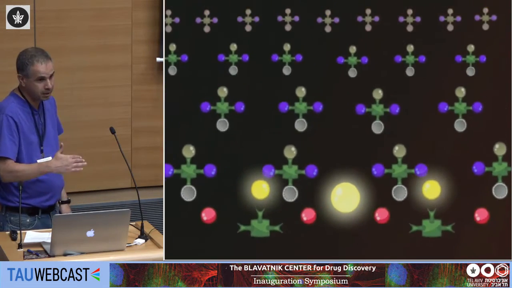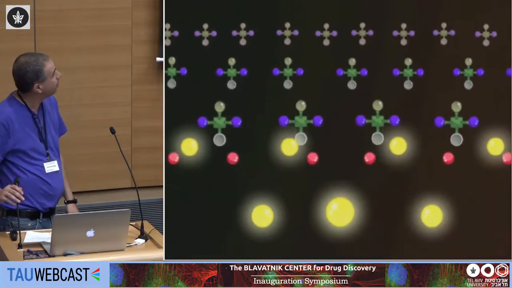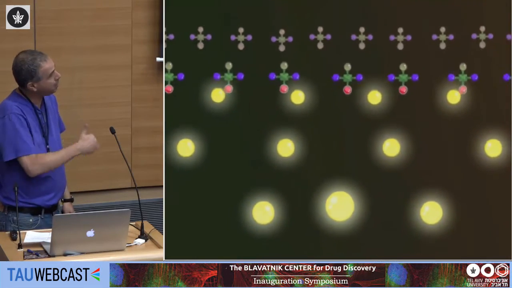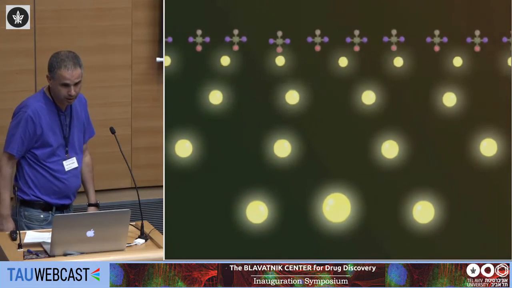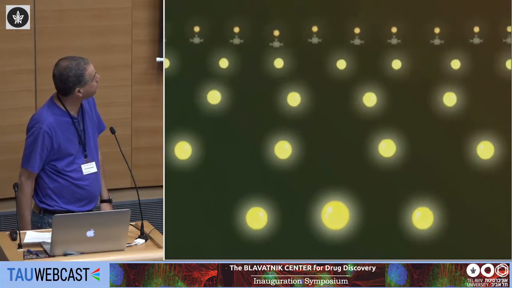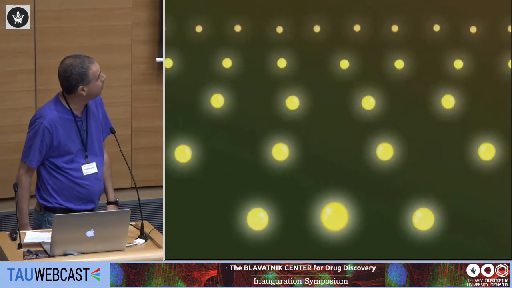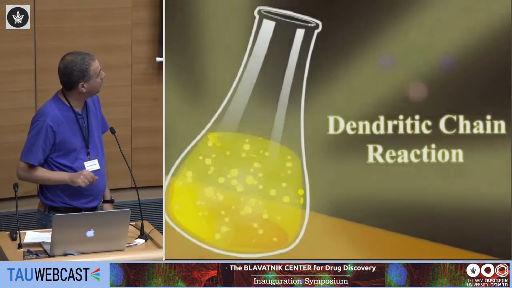In every cycle, you double the amount of dendritic molecules that are being disassembled, through an exponential pattern, to overall release all, to break down all the molecules present in the solution and therefore generate a strong diagnostic signal.